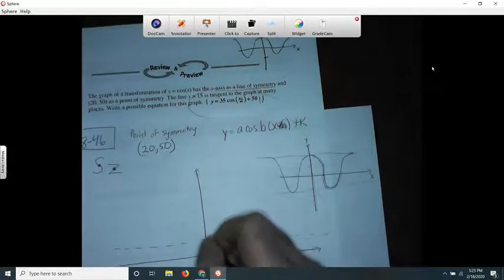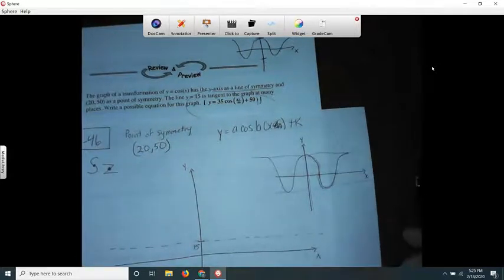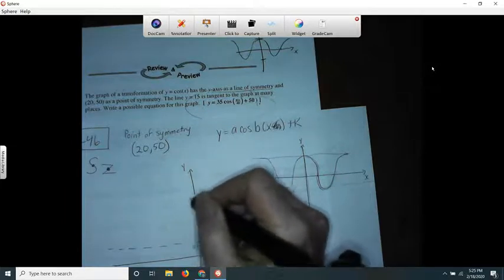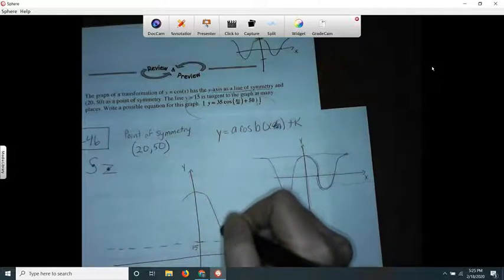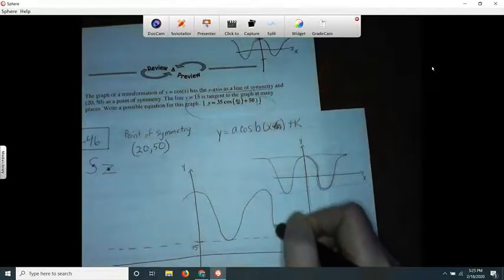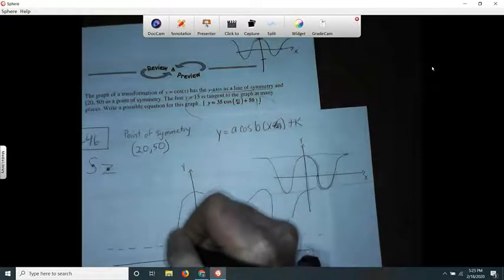So I'm going to just start trying to piece it together. Here's the y-axis, here's the x-axis. I'm going to draw in a graph with no numbers. I'll put numbers in later. We don't really know how high it is yet, but we know it keeps touching the line y equals 15, so it goes something like that.